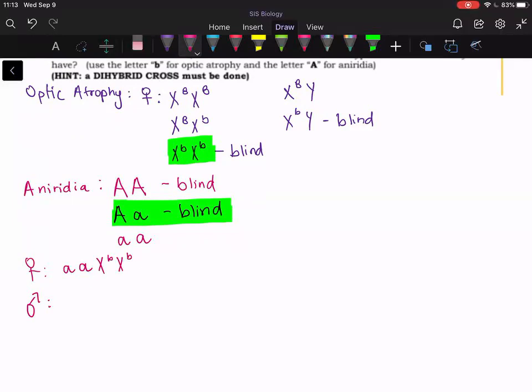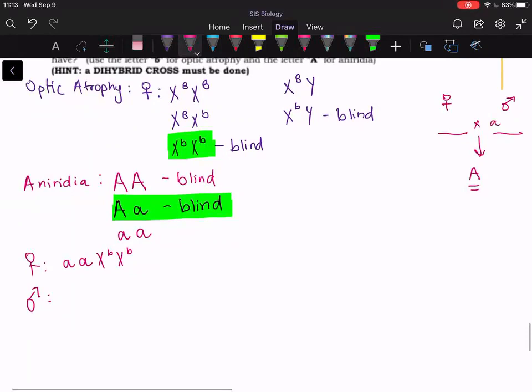I'll do a little pedigree here. Because we know that he has at least one capital A. So we have the mother and we have the father. It says that his father could see. He wasn't blind. The only way his father can see, because it is a dominant trait, is if he was homozygous recessive.